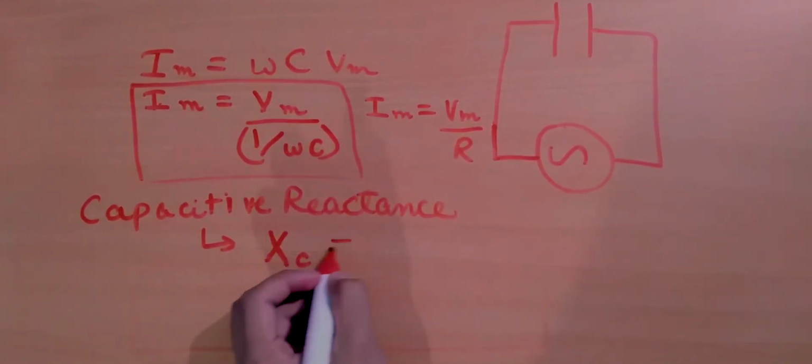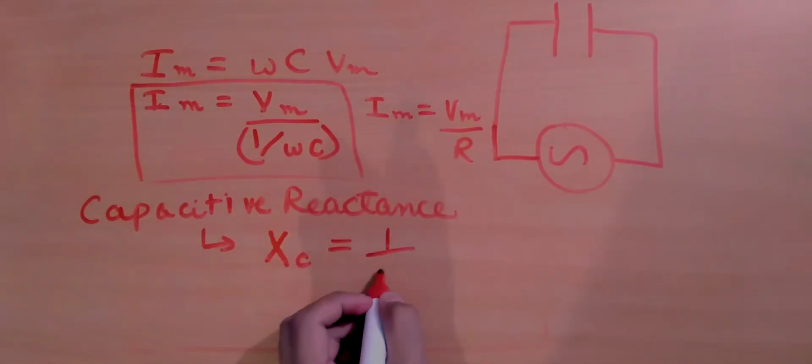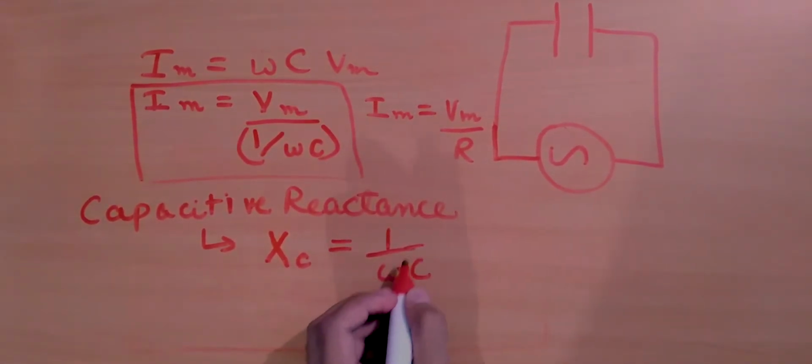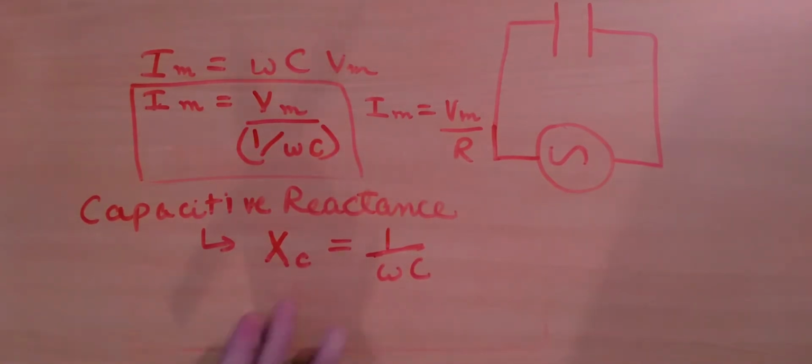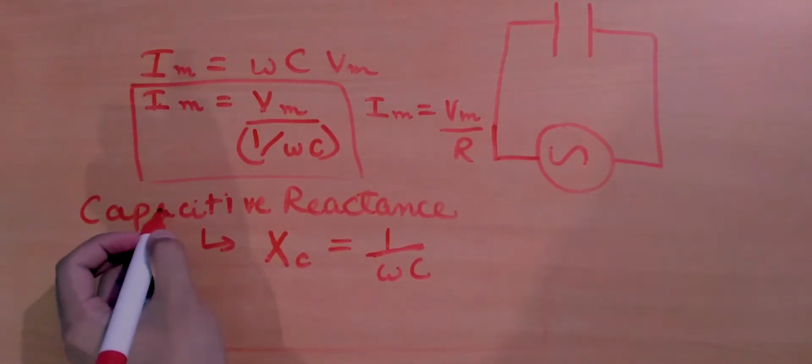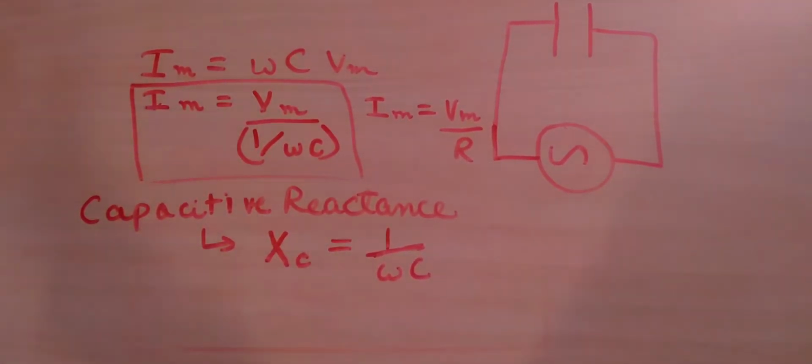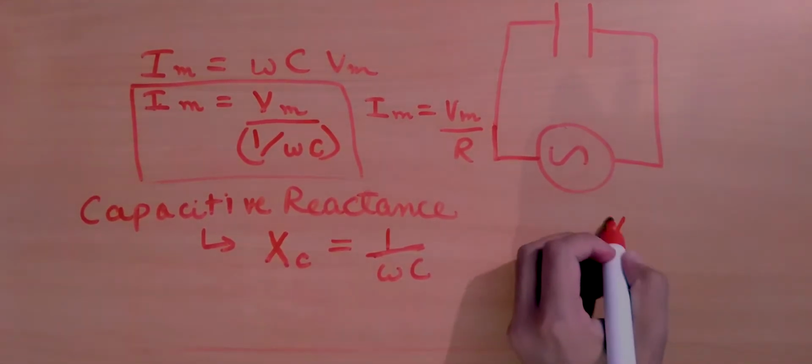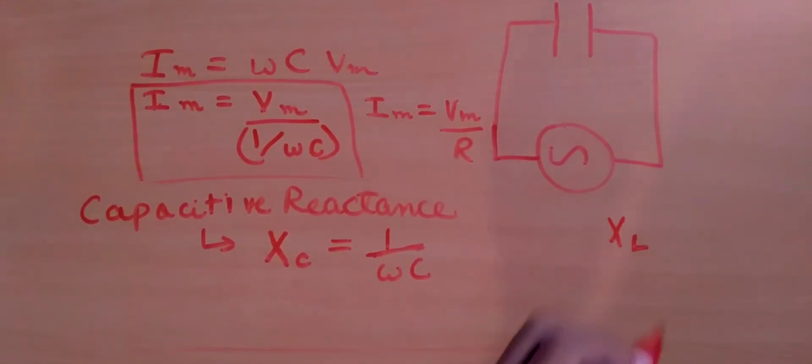And Xc is equal to this whole term 1 by omega C. And this is pretty much similar to the previous case of inductive reactance, which was represented by XL, L for inductance. And that's pretty much it.